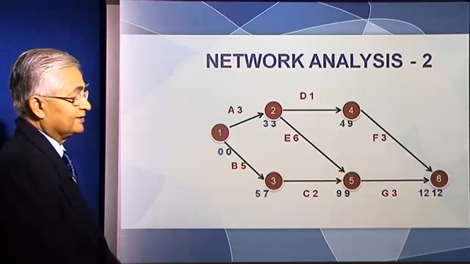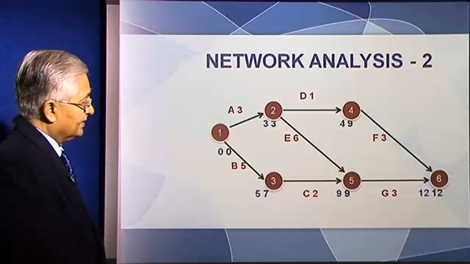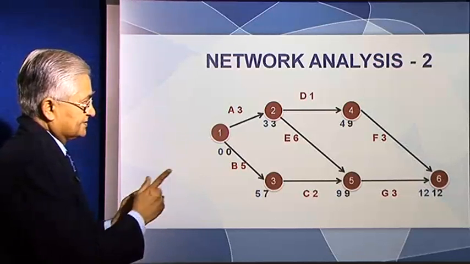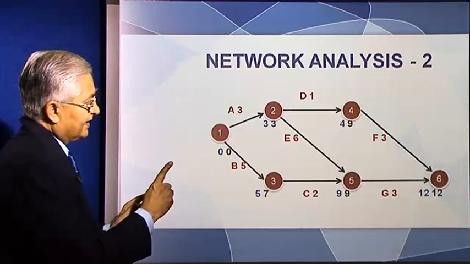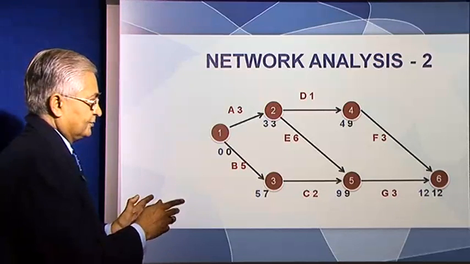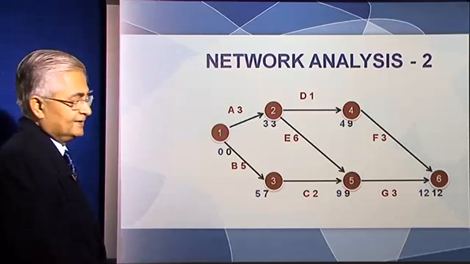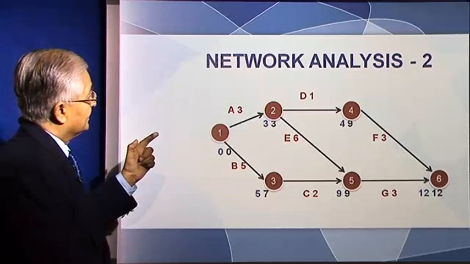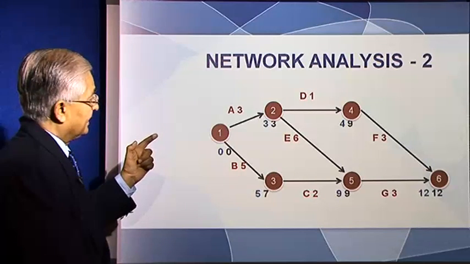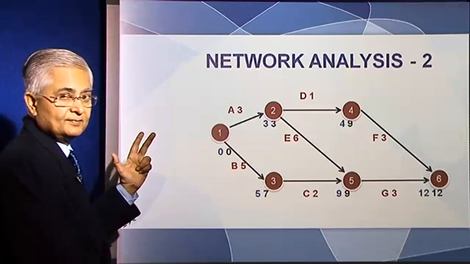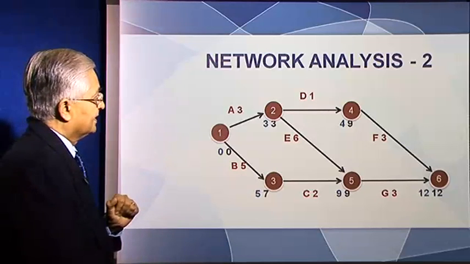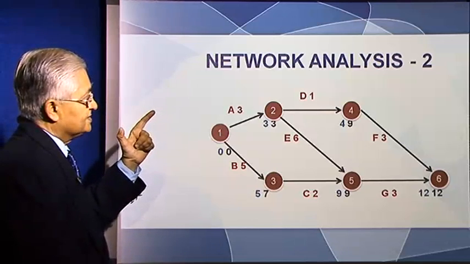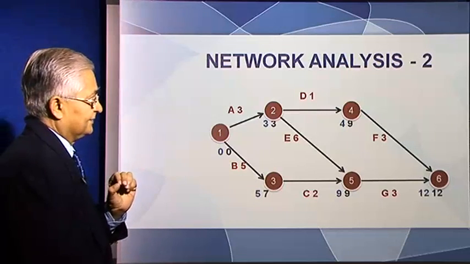What about event 3? To go backwards from 5, if you have to reach 5 by 9, you have to reach 3 by 7. If you have to reach 3 by 7, you have to start at 1 by 2, okay, along this route. But if you look at the other route, you need to reach 2 latest by 3.